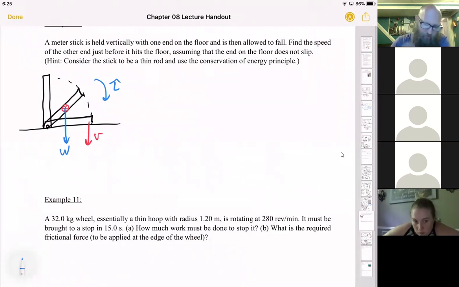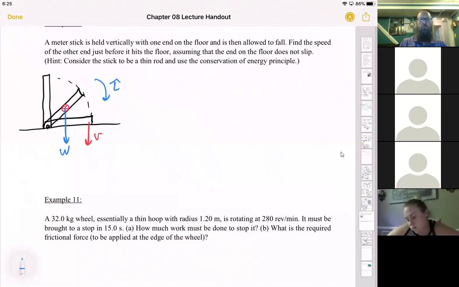The angle between r and weight changes constantly through the entire motion, which means the torque is always changing. It's a maximum when it hits the ground, and it's a minimum when it just starts. In fact, if you don't give this a little bit of a tip, it won't move at all, because weight is down and r is up, so the angle between those is 180 degrees, and sine of 180 is 0.